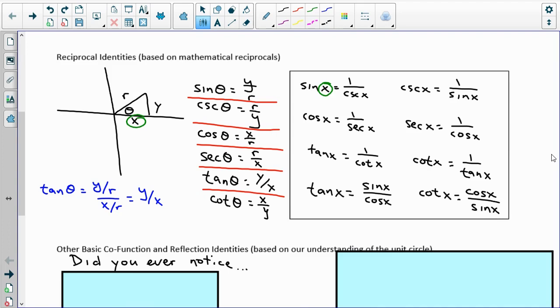So those are not the same x. We're just relating two things that are kind of the same. I also could have done this with any variable I wanted, including the Greek letter theta or something. So I could have said sine of theta equals 1 over cosecant of theta, and so on and so forth for all of these with different variables. But I chose x, and you're just going to have to deal with it.